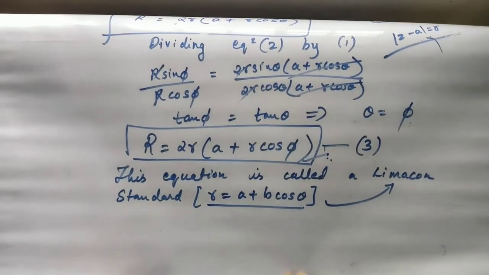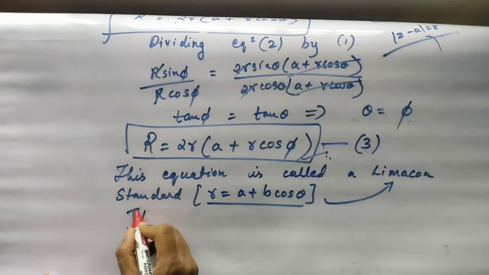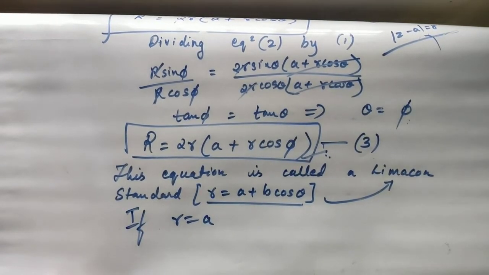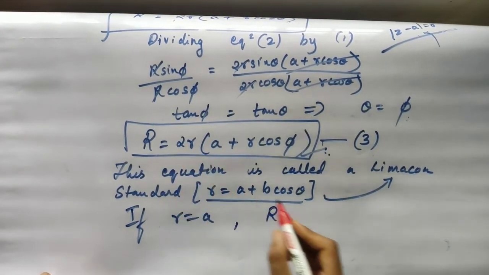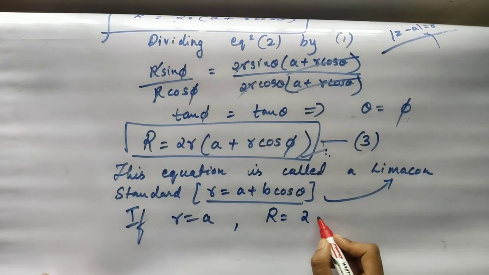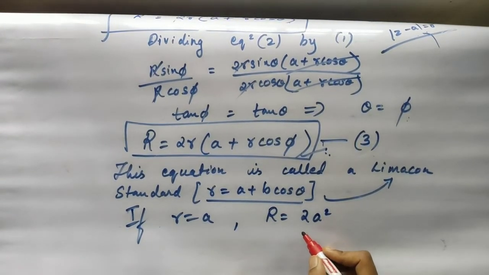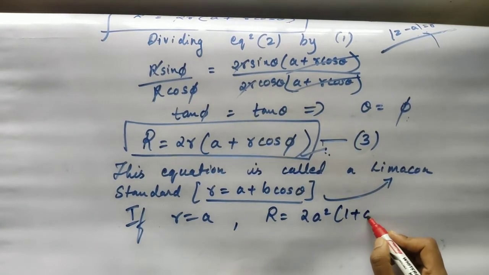Now there was one more important part that you have to do. What is that? If in this equation, r is equal to a, then the capital R will be equal to 2 times a square into 1 plus cos phi.